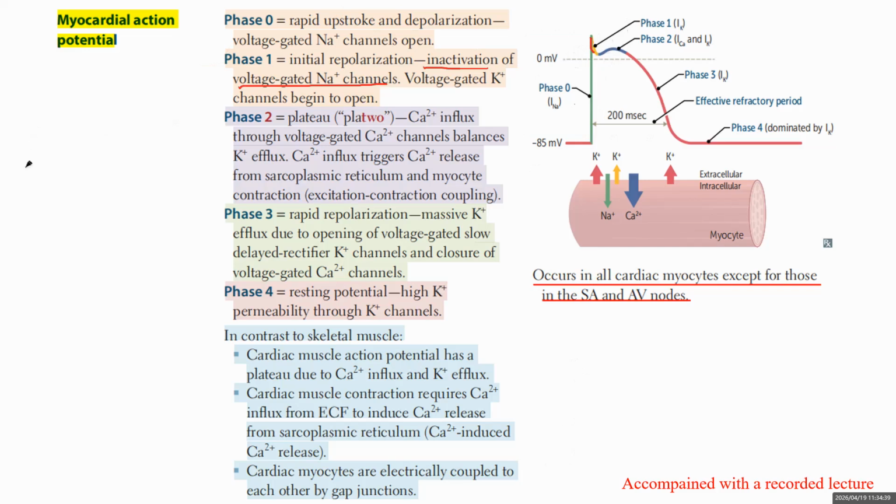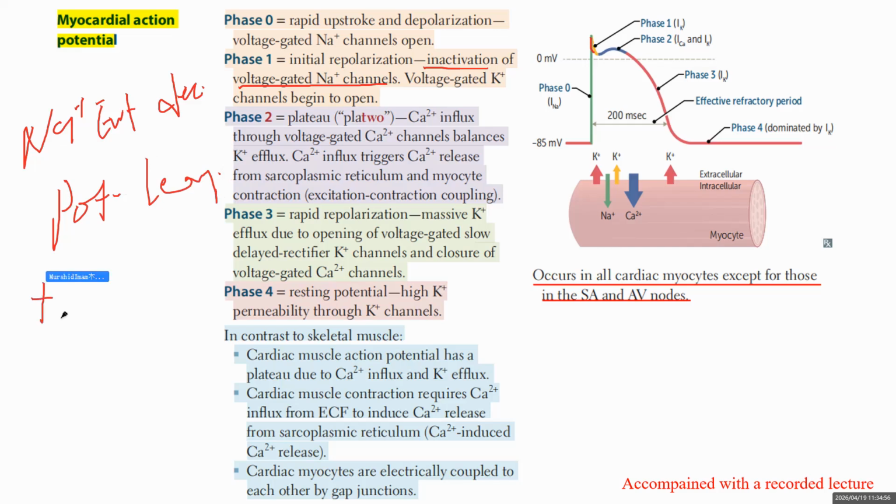So now sodium entry decreases, and potassium starts leaving the cell. So the positive charge is moving out of the cell, and the membrane potential falls slightly.